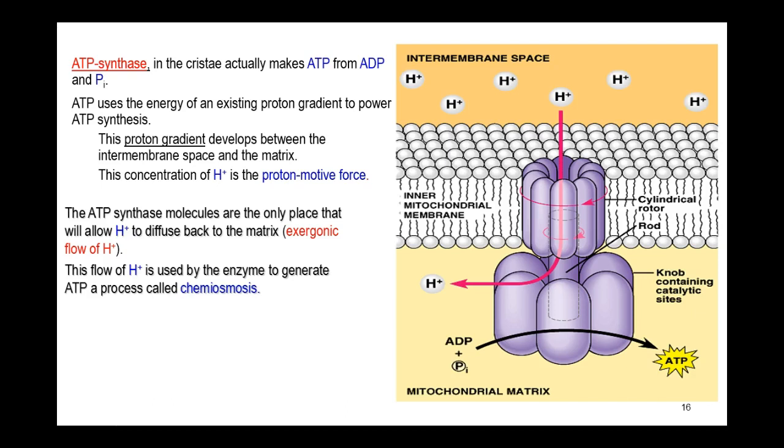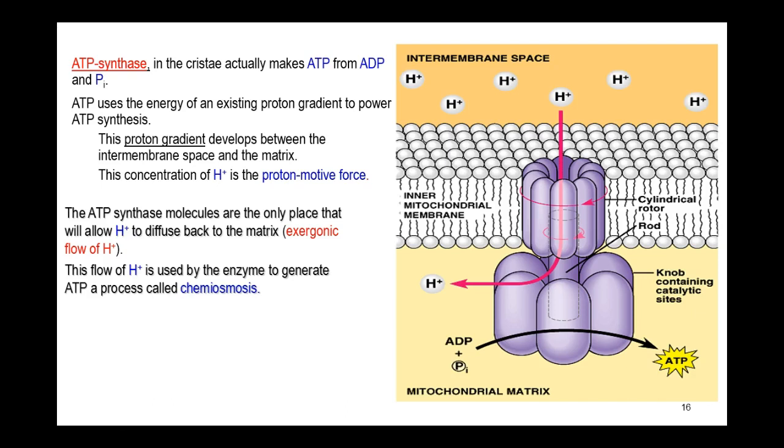That's why I was saying to pay attention to that image where you had all the H pluses in the matrix. What's going to happen is there's a need to have equal amounts of H pluses on the outside and inside, so in the mitochondrial matrix and the inner membrane space.